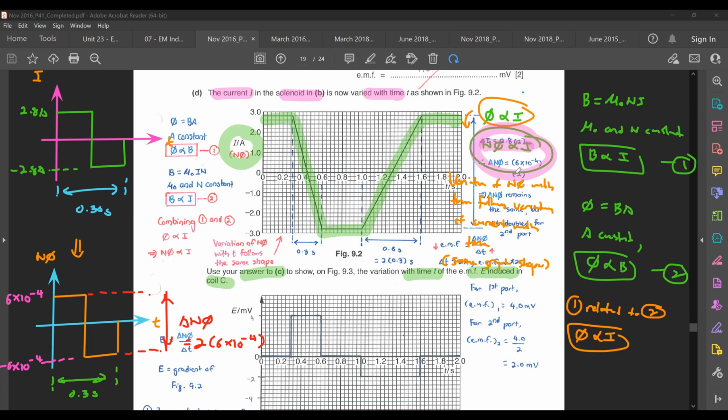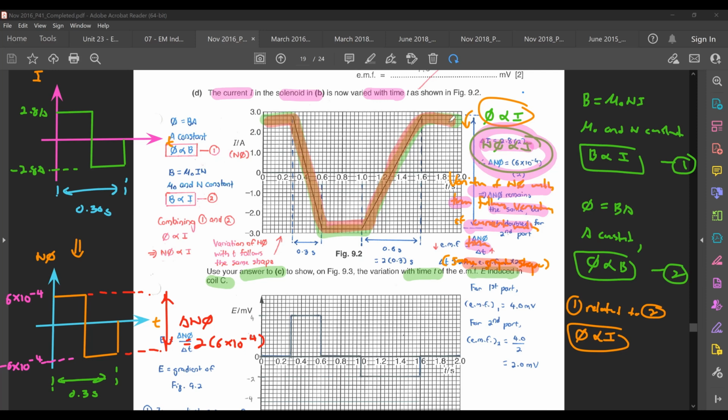If your flux linkage is proportional to current, this in turn means the variation of flux linkage with time follows the variation of current with time, which means they have the same graph shape. This one coincidentally is the graph of current versus time. If you want to work out a graph of flux linkage versus time, it's going to be this same shape too.